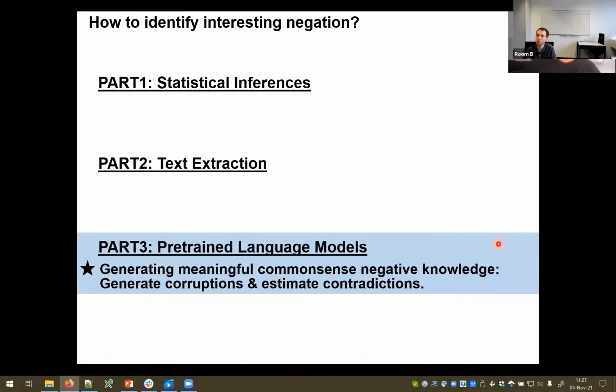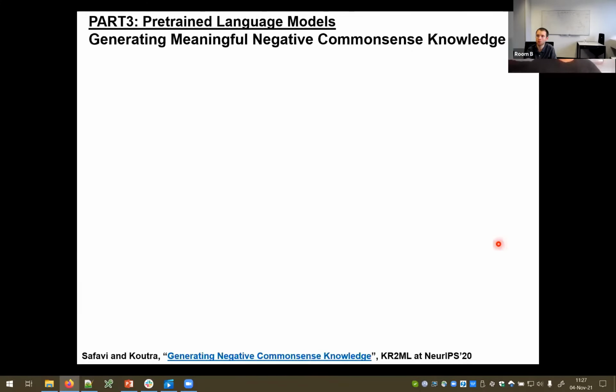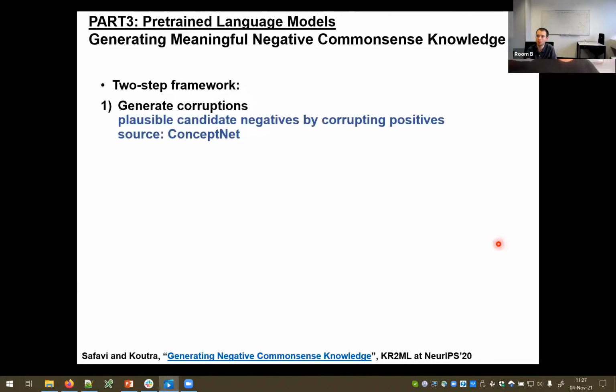The third approach is pre-trained language models, and this is a work whose main goal is generating meaningful commonsense negative knowledge using pre-trained language models. So it's a simple framework. In a first step, they want to generate corruptions, which means plausible candidate negative statements, by corrupting the positive ones.